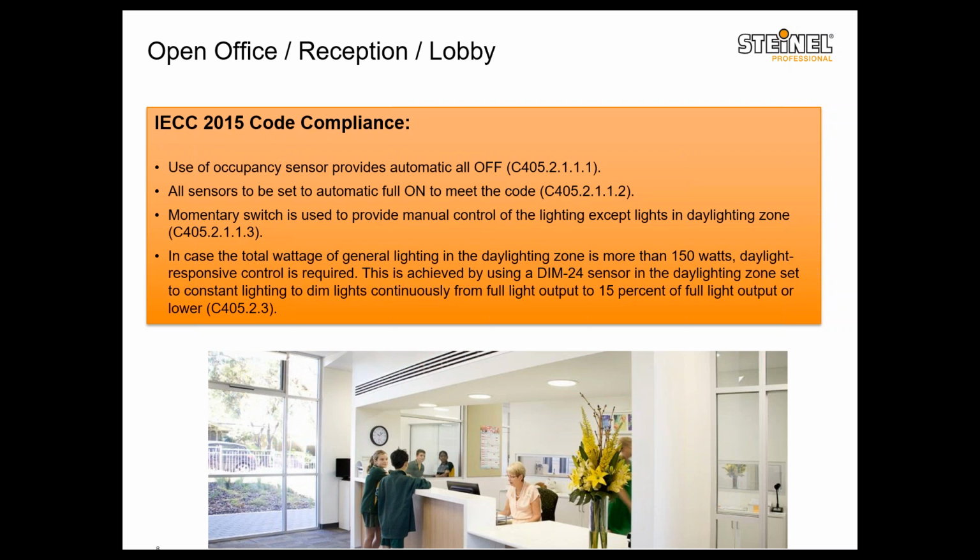You may have a momentary switch in the lobby or in the reception area to override the lights, but in some applications, you don't see that. You see that they're only using it in open office areas and not in the reception or lobby. They just leave it to be occupancy based.